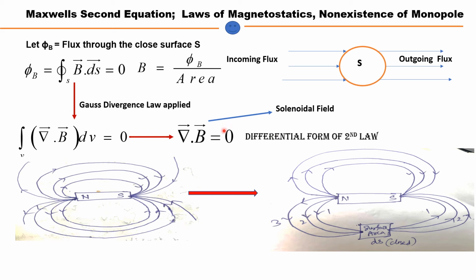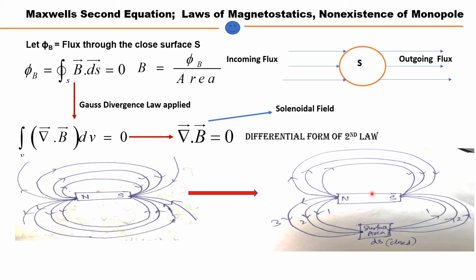If there were a magnetic monopole, the right hand side would be a quantity, the charge of the magnetic monopole, let's say rho m. But here we can't find any magnetic monopole charge, so the total flux is 0. If you cut a bar magnet in any amount, you will always find a bar magnet with two poles associated.